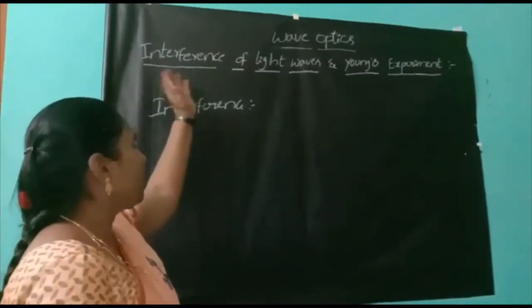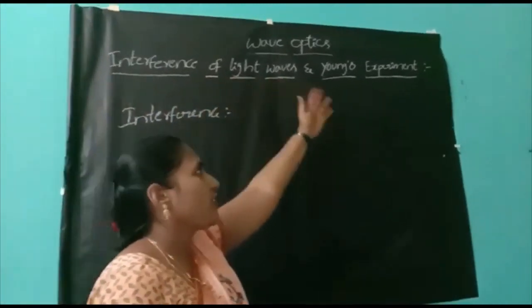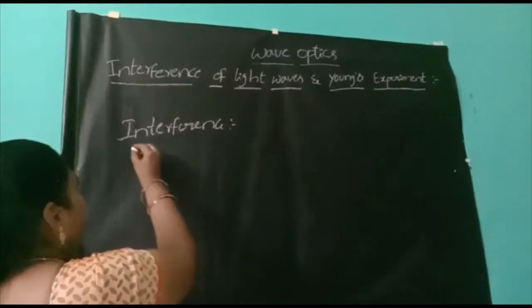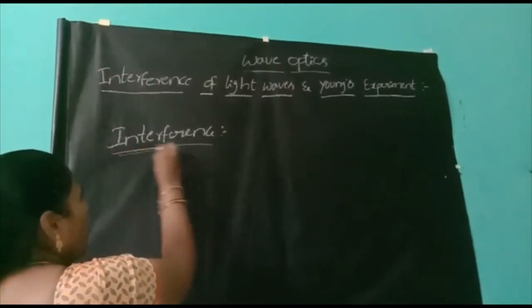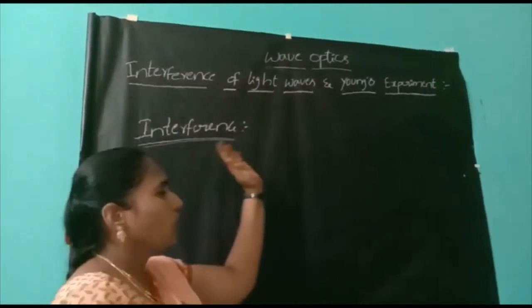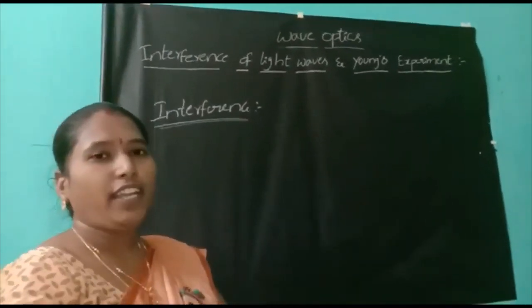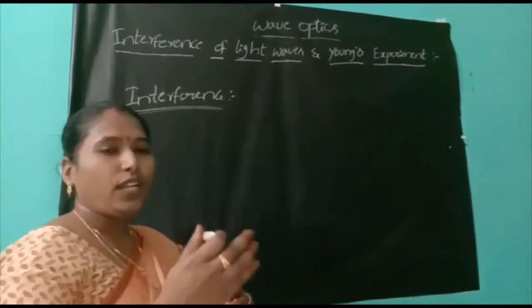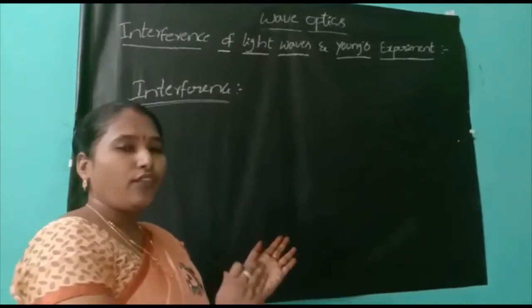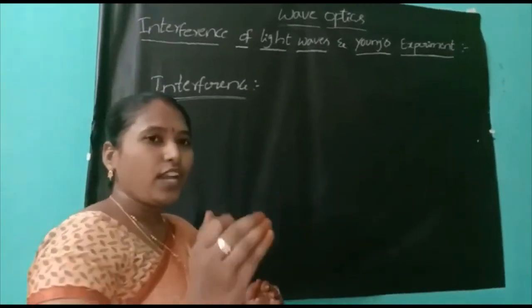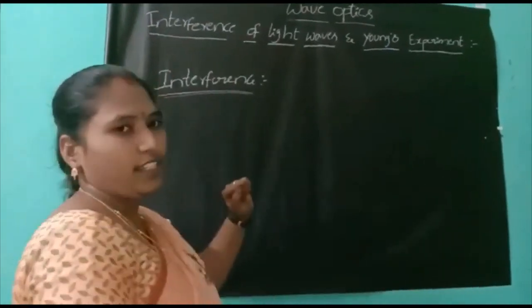Our next topic is interference of light waves and experiment. One definition of interference: two light waves overlap on each other, and a wavefront or wave pattern can be observed. This phenomenon is called interference.